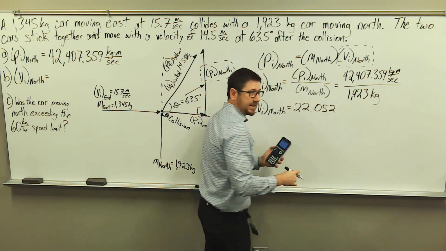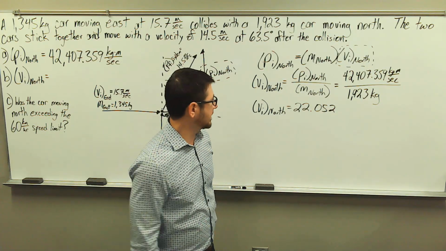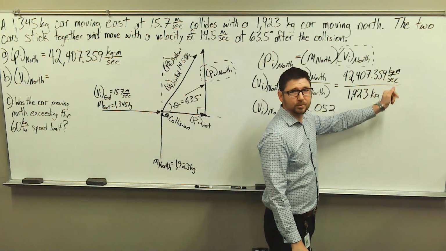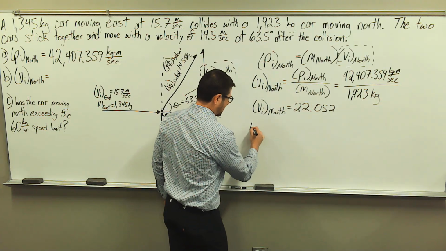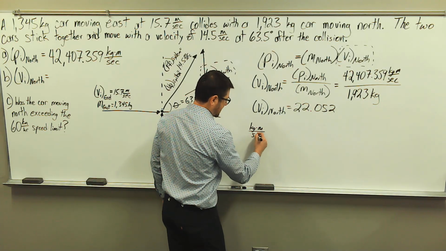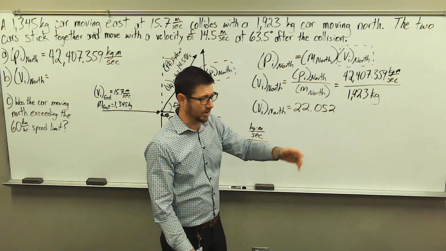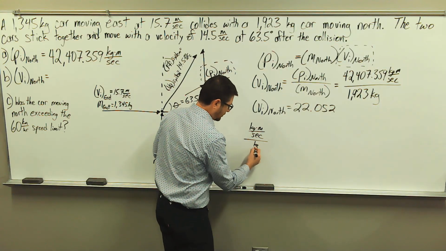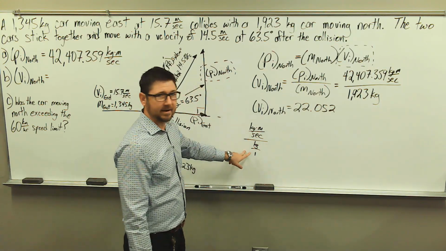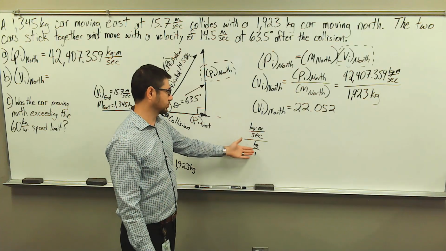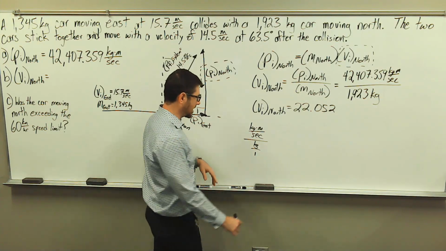22.052. Now let's take a look at our unit value. So right here in the numerator we have kilogram meter per second, and we're dividing by kilograms. And algebraically, we know that this is kilograms over 1. And whenever we divide fractions, it's like multiplying by the reciprocal of the denominator.